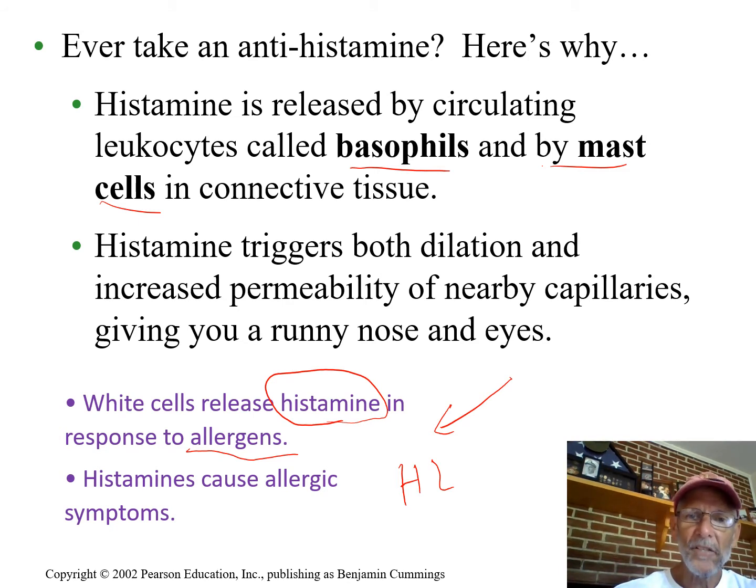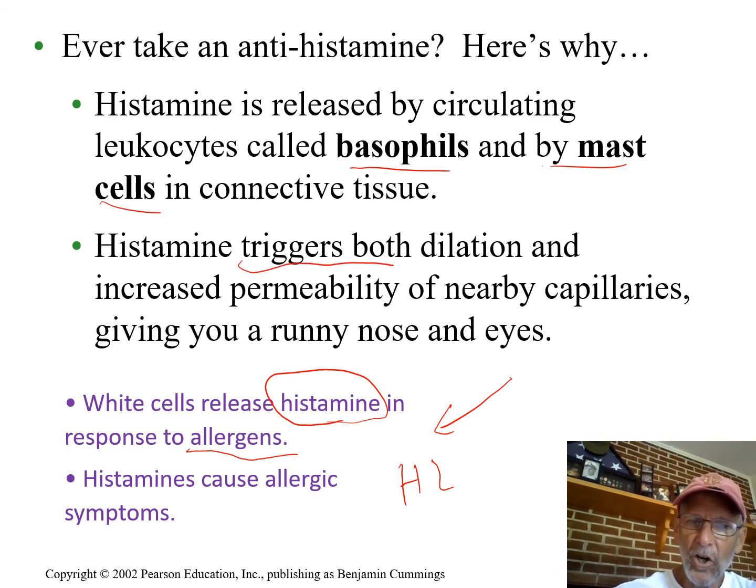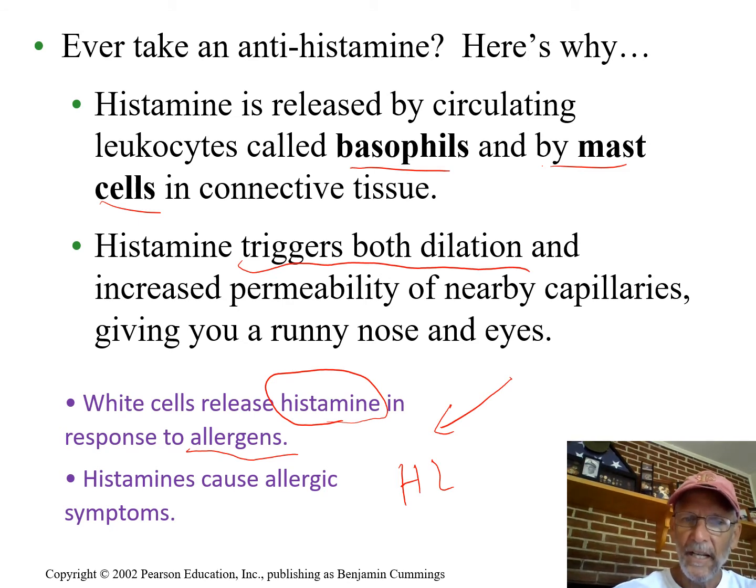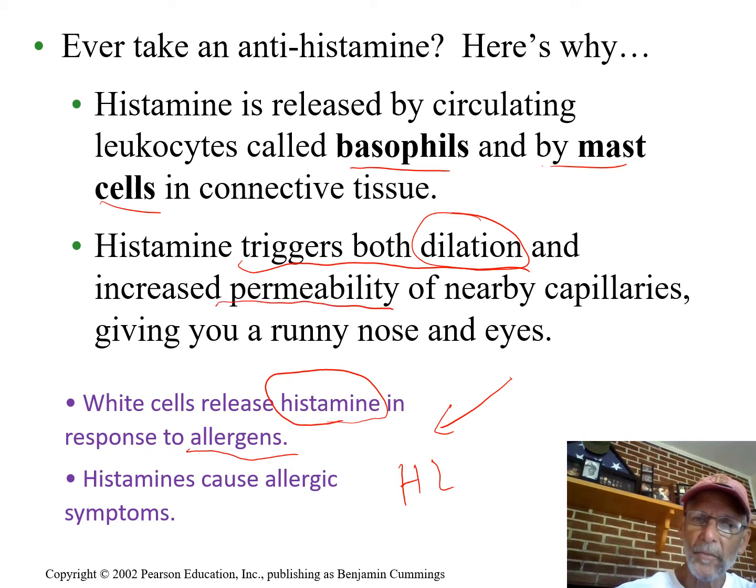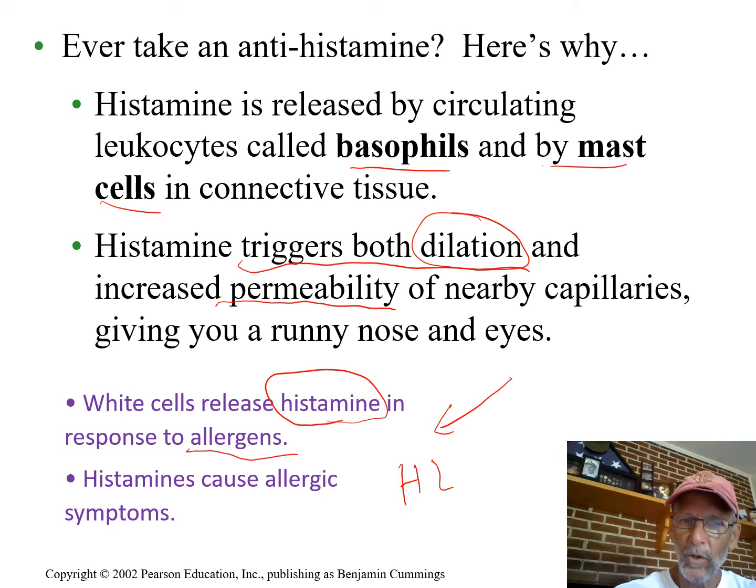What histamines do is they cause capillaries in the area of the damage to dilate. What's that mean? Get a little bigger, a little wider. That lets more fluid come to that area, but histamine also causes them to be more permeable so that some of that fluid comes out.